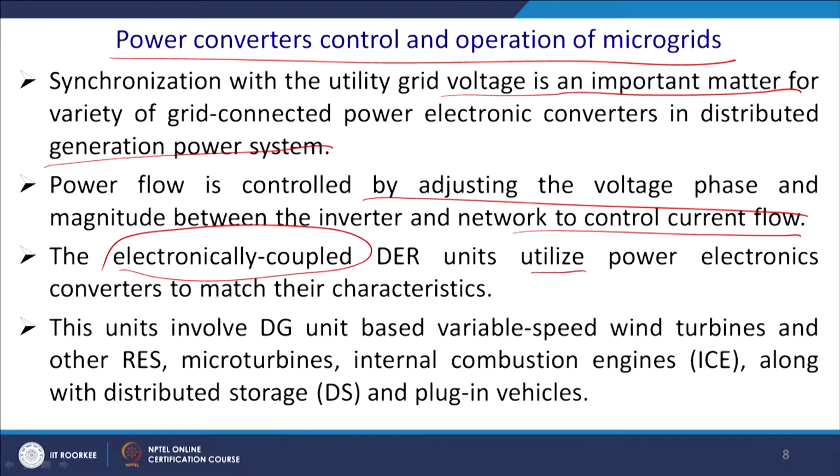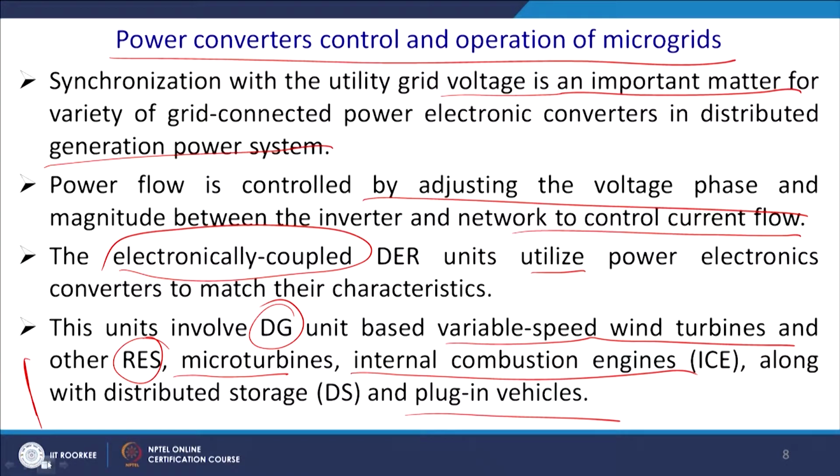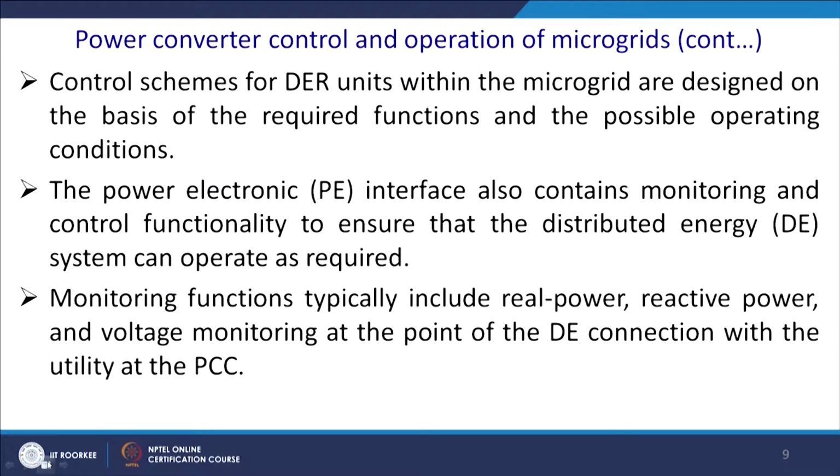The electronically coupled DES units utilize power electronics converters to match their characteristics. These units involve distributed generator units based on variable speed wind turbines and other renewables, microturbines, internal combustion engines sometimes, or the generator along with distributed storage, which may be batteries and plug-in electric vehicles, all come into the picture of this microgrid as entities.